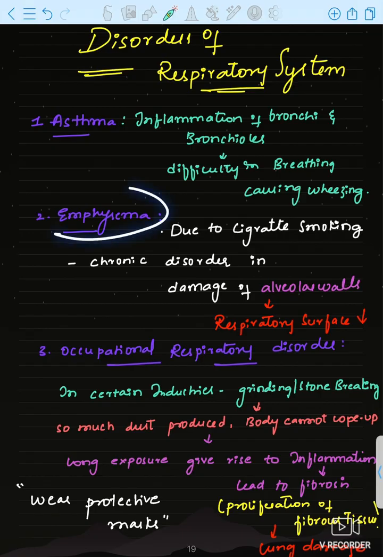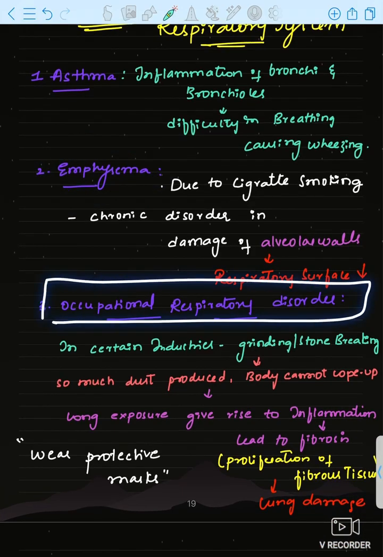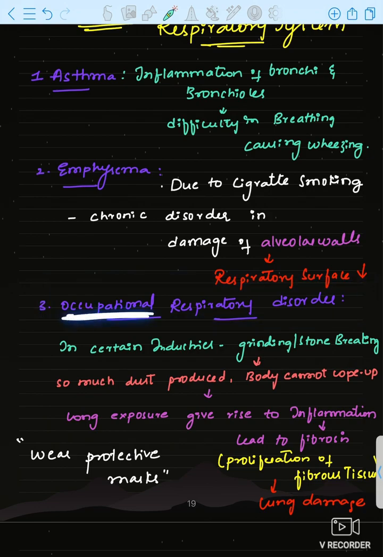That is emphysema. Next, occupational respiratory disorder. Some occupations, like coal mining, asbestosis, silicosis, etc., cause respiratory problems. In certain industries, grinding and stone breaking happen and dust is produced, and the body can't cope with that much dust.